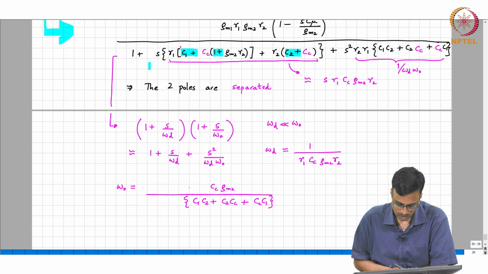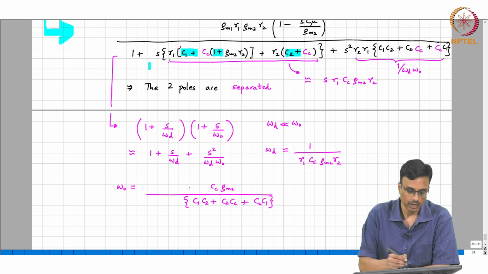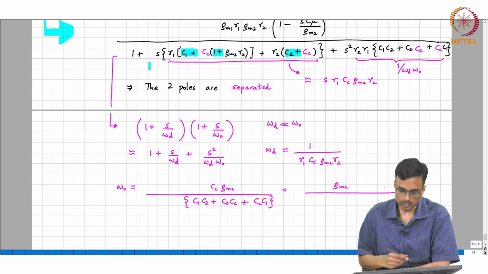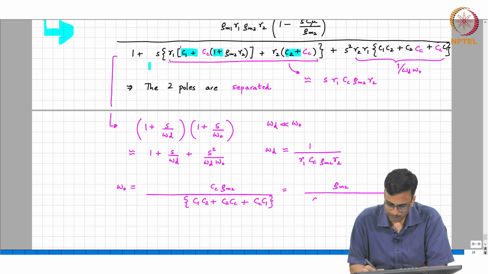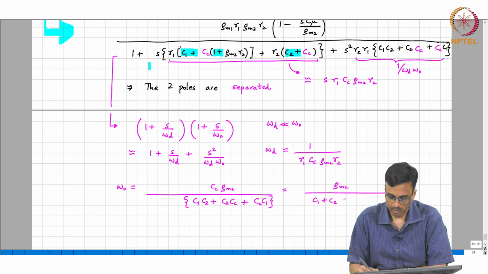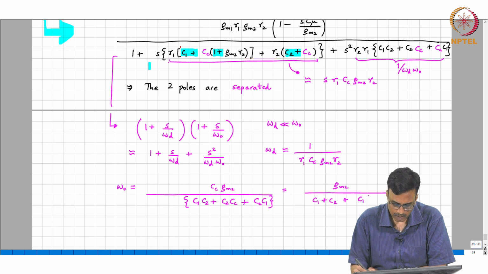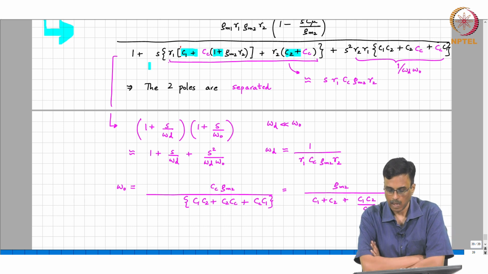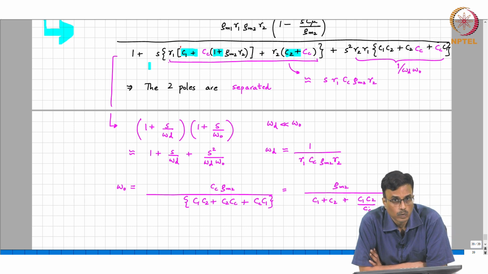Okay. Yeah, this is fine. So, let me write it in a slightly different way. This is GM2 over C1 plus C2 plus C1 C2 over CC. Okay. All right. So, why does this make sense?